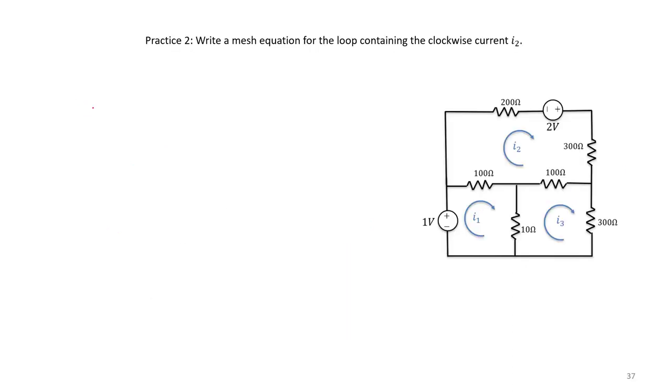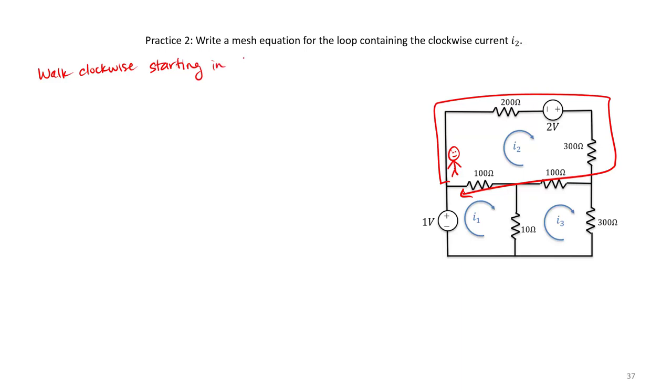So in this case, we want the loop containing I2. I'm going to walk clockwise around my circuit, starting in the lower left corner. And I'm going to apply Kirchhoff's voltage law, following the bank account convention that we covered back in the beginning of the course.